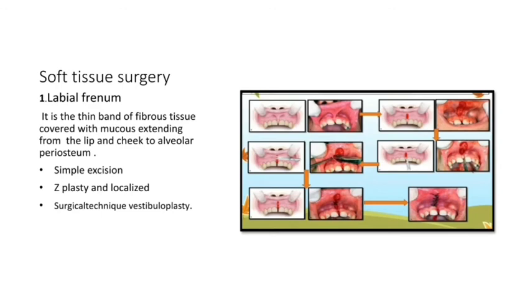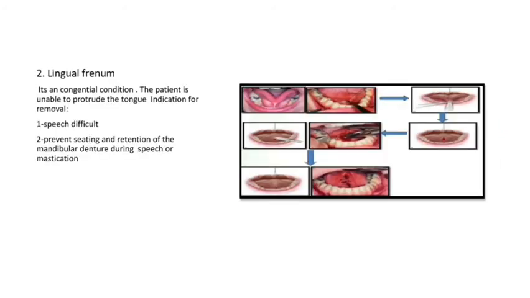Lingual frenum. It is a congenital condition where the patient is unable to protrude the tongue. Indications for removal: speech difficulty, and to prevent settling and irritation of the mandibular denture during speech or mastication.